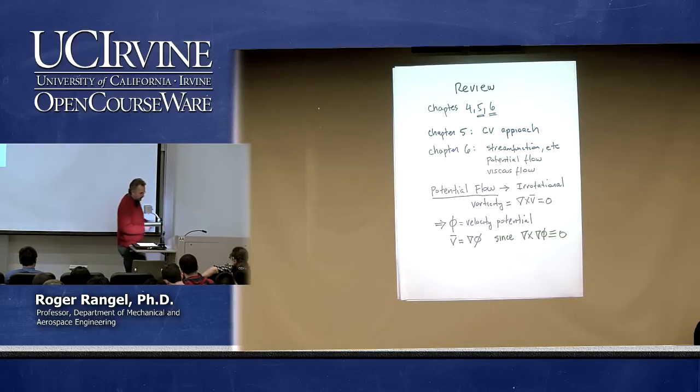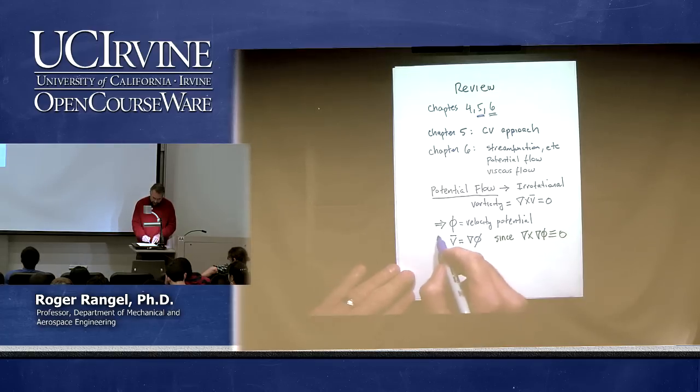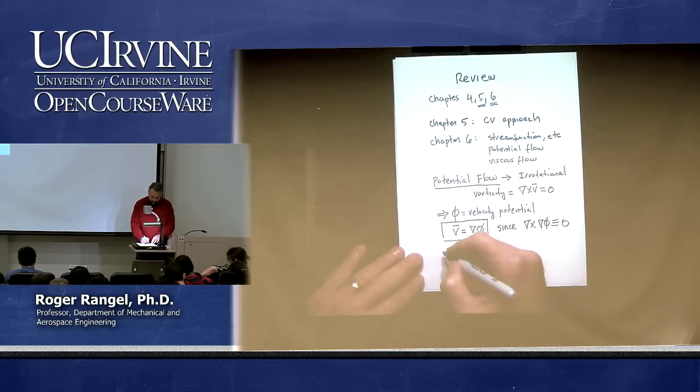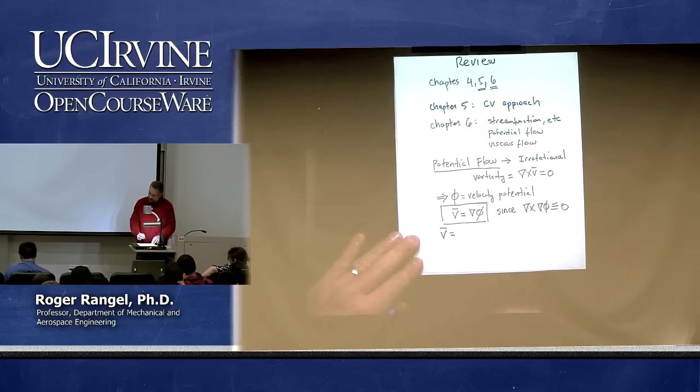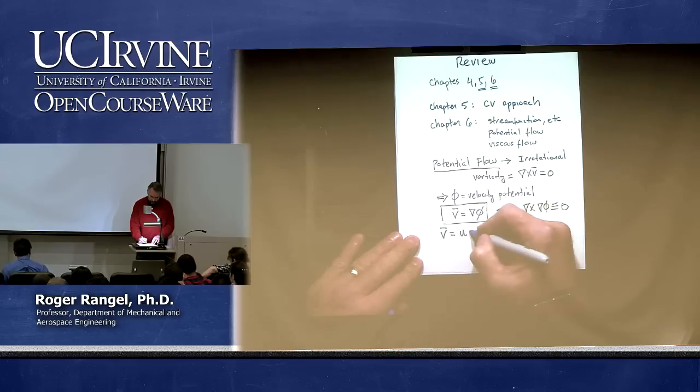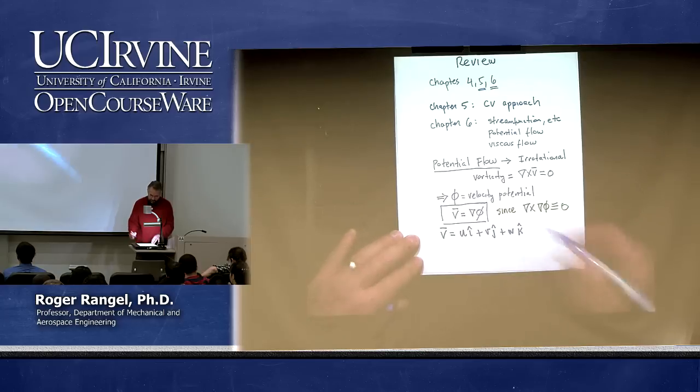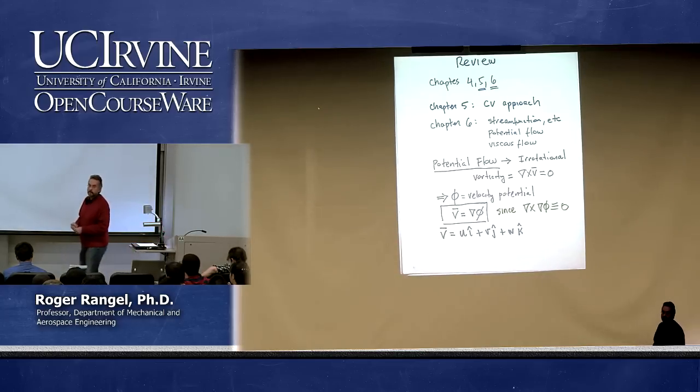And then, of course, if you are defining such a velocity potential, and this equation right here tells me what the velocity vector is, then, of course, I can find the components of this velocity, which are u in i, v in j, and w in k, as the components of the gradient.